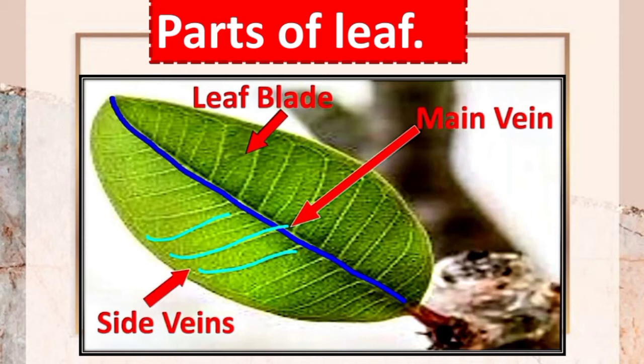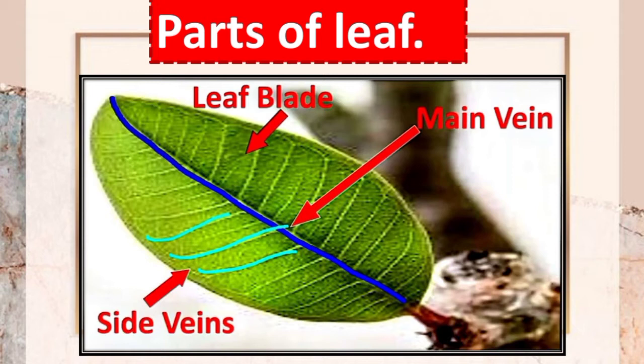The underside of a leaf contains millions of tiny openings called stomata, and these tiny openings also help the plant, as they let air flow in and out of the leaf.